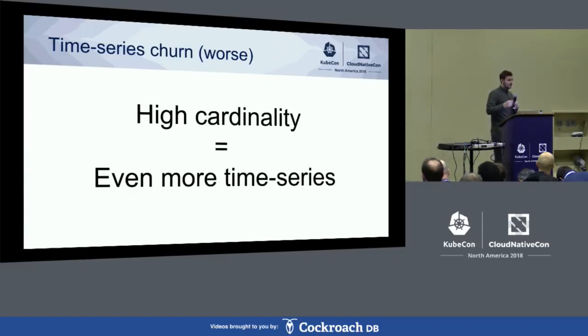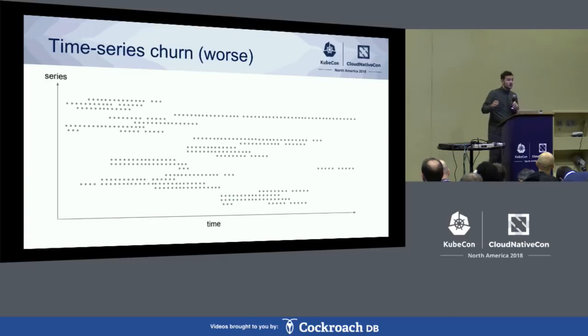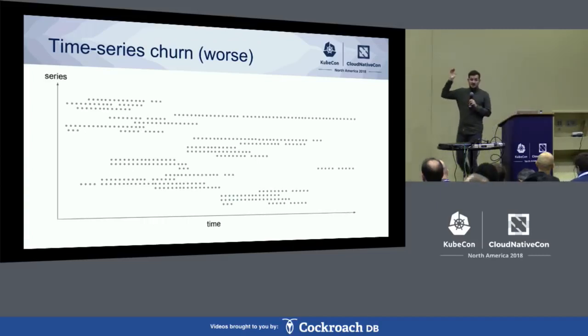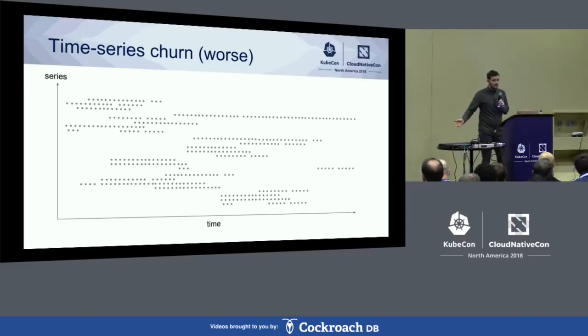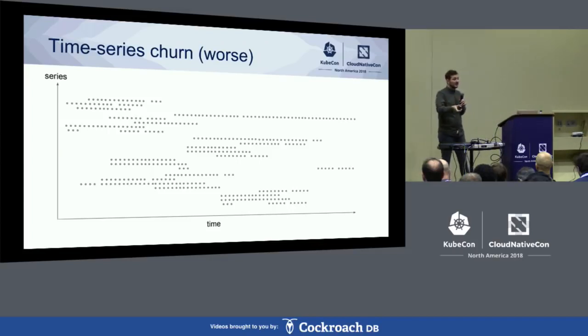So what's our situation? We are in a world where targets come and go all the time, and they expose hundreds and thousands of time series at a time. So when we realized this in Prometheus 1.x, we just thought we completely had to rethink everything that we did, because one of the key things in the Prometheus 1.x storage was that every single time series was a single file on disk.